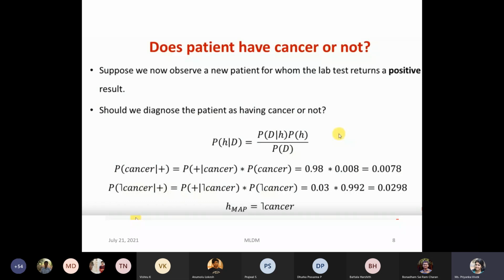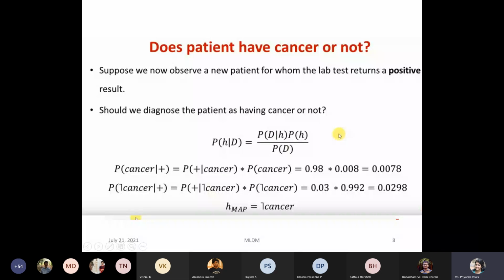How do we say that? Hope you remember this notation, H and D. H is your hypothesis or your actual output variable, so your Y, and D is your data set. So you are asked, given the data that it is positive, whether the person actually has cancer.